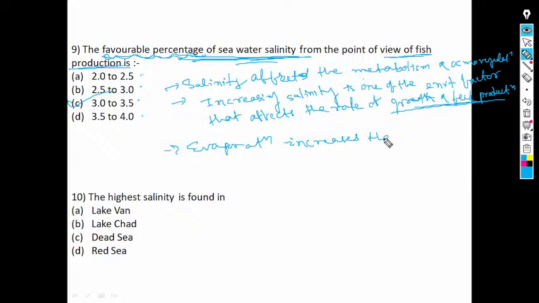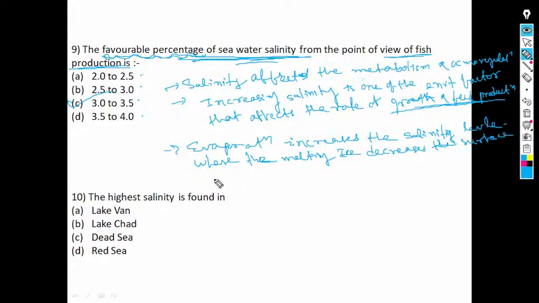Evaporation increases the salinity level, whereas melting ice decreases the surface salinity.